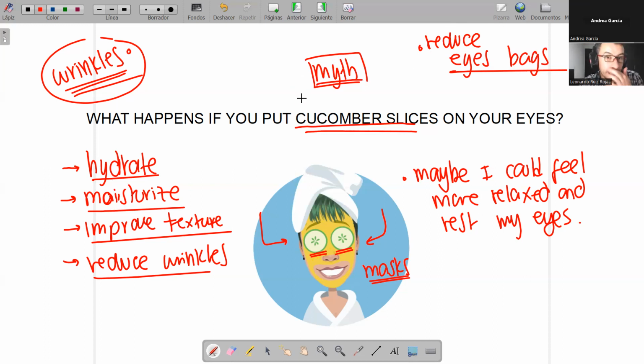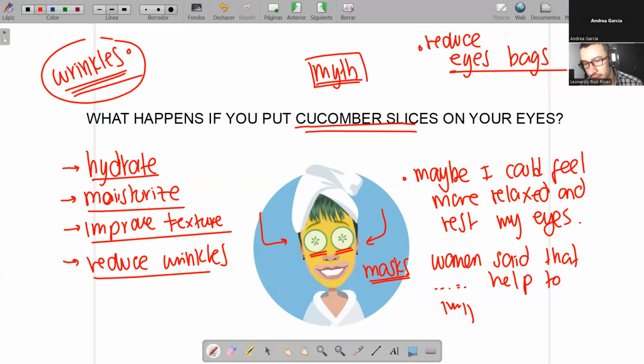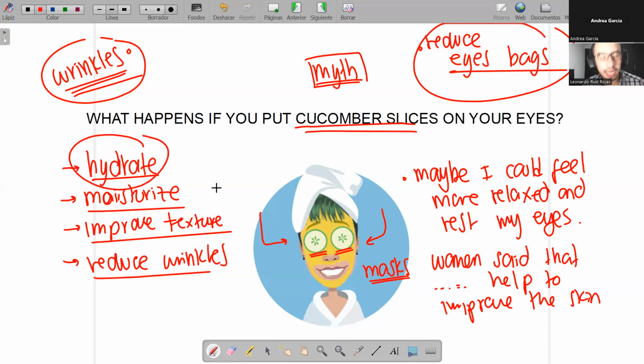Entonces, they say, but I have never read a study, nunca leí un estudio que diga eso, but from my perspective, women say that cucumbers help to improve the skin of the eyes, to reduce the eye bags, to moisturize, to hydrate. But it's not something that I know. It's something that I have listened from people, especially in this case from women, right?